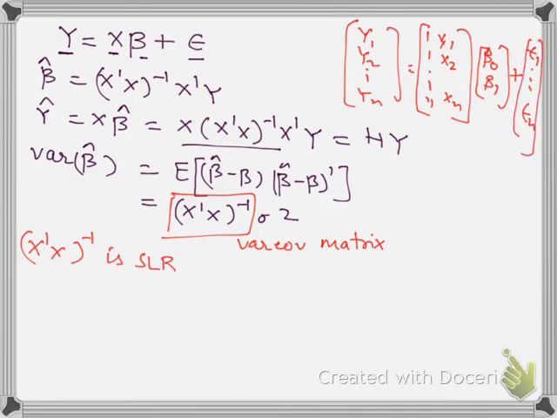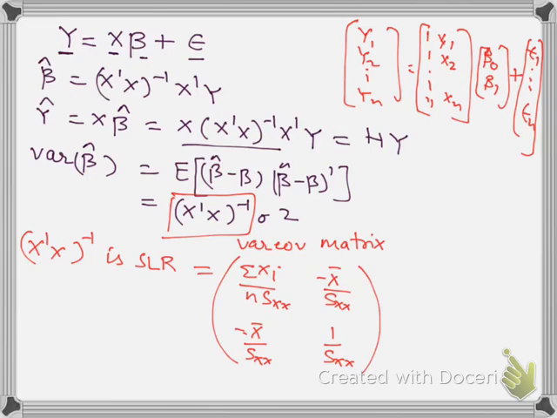Right, so in simple linear regression, x transpose x inverse will represent the variance covariance matrix, and it simplifies to: sum xi squared over n sxx, minus x bar over sxx; minus x bar over sxx, 1 over sxx. And these diagonal elements that you see here are the variance of beta naught and the variance of beta 1.